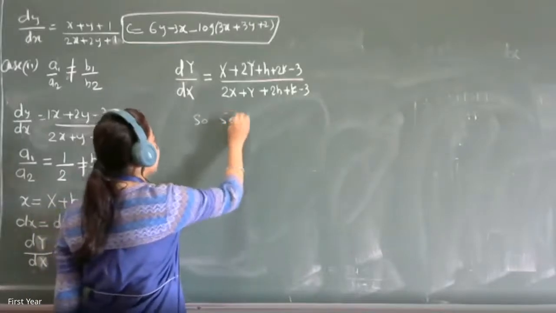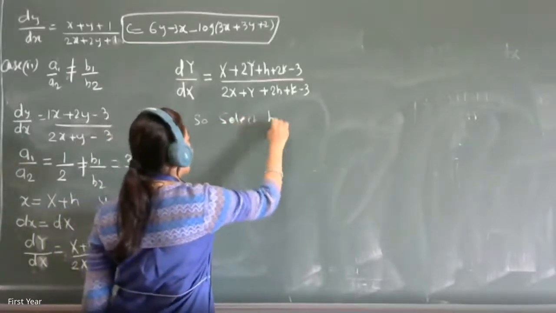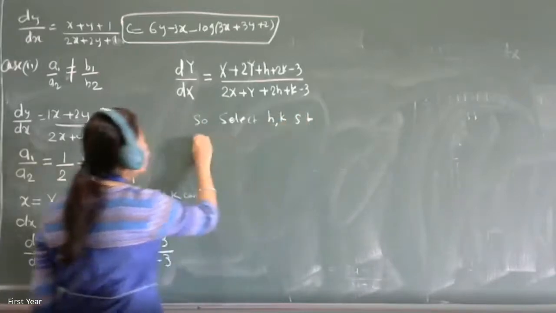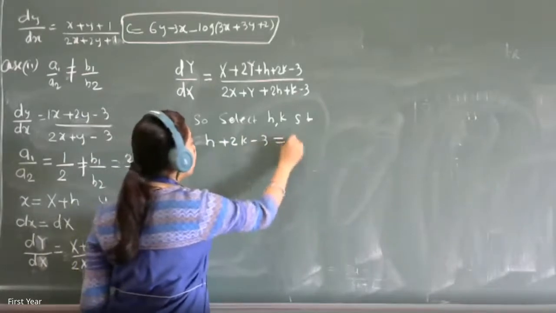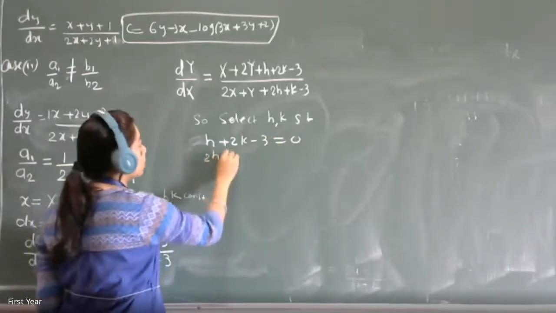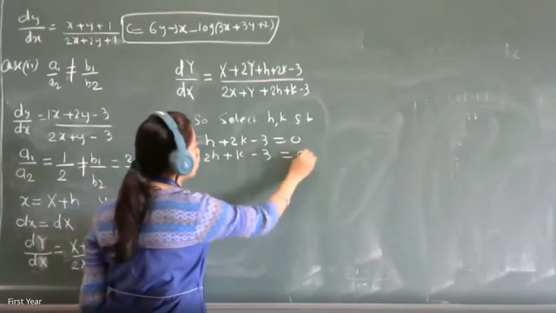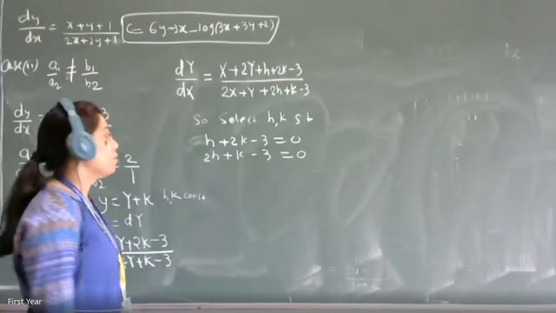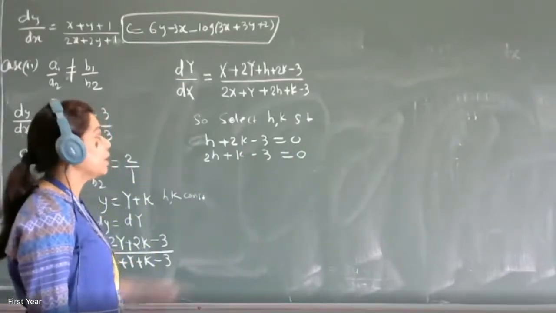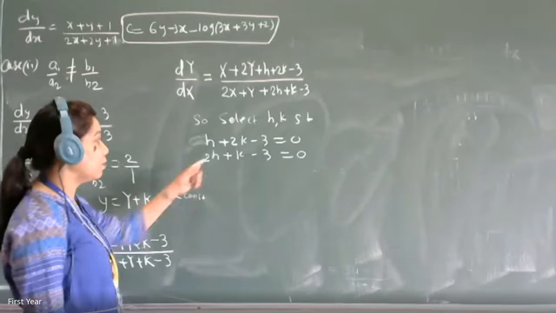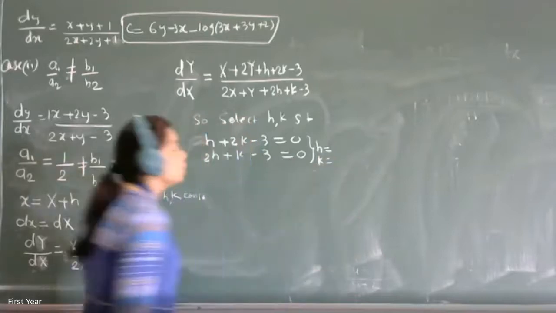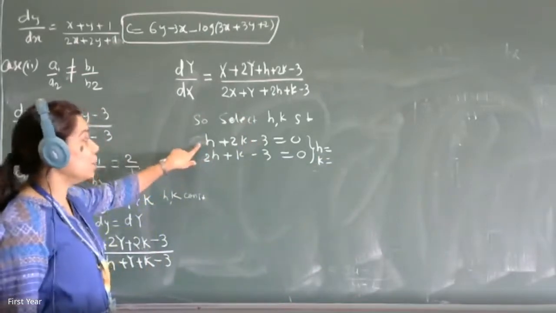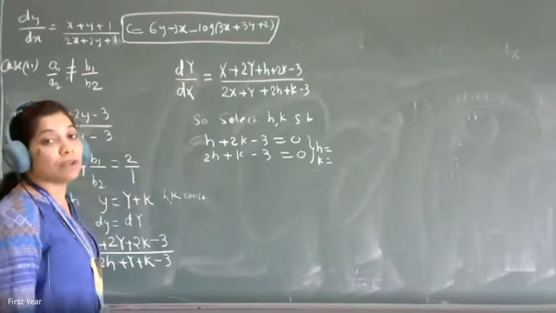So select h comma k such that h plus 2k minus 3 is 0 and 2h plus k minus 3 is 0. If you want, you can use the calculator, while the normal method is elimination: multiply this equation by 2 and this equation by 1, and you get the values of h and k.